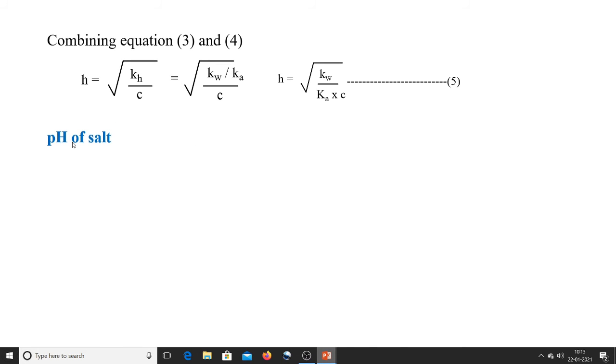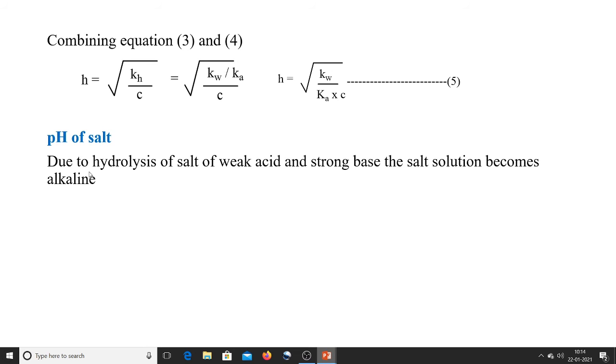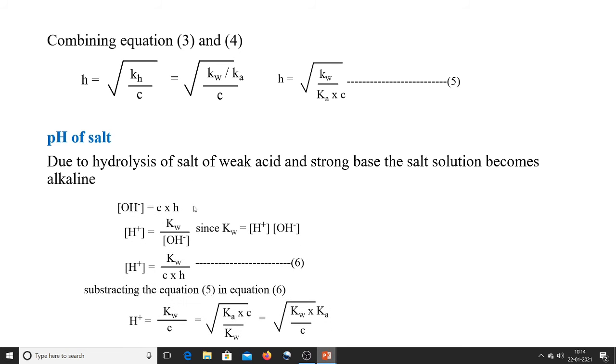Now let us see the pH of the salt. We know that due to the hydrolysis of salts of weak acid and strong base, the salt solution becomes alkaline, because of the formation of more OH minus in the aqueous solution. So this solution becomes alkaline. Suppose OH minus is equal to C into h, because the concentration of OH minus is large.